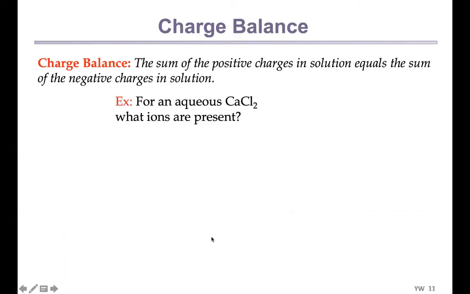First of all, charge balance. Charge balance again is that the sum of the positive charges in the solution should equal the sum of the negative charges in the solution. Now let's deal with a simple example here. If we have a calcium chloride solution, first of all, I want you to think about what ions are present in the solution.